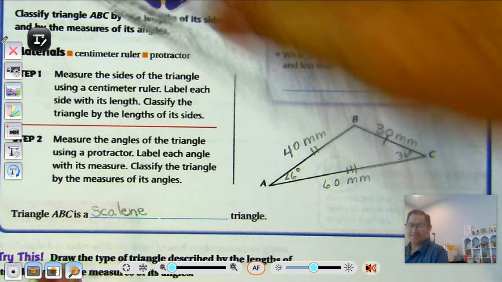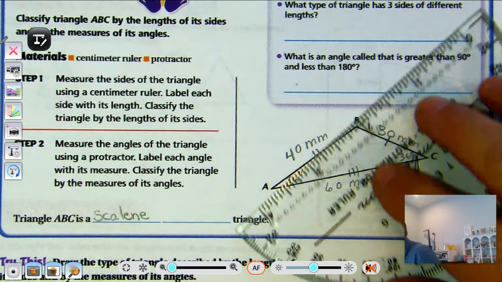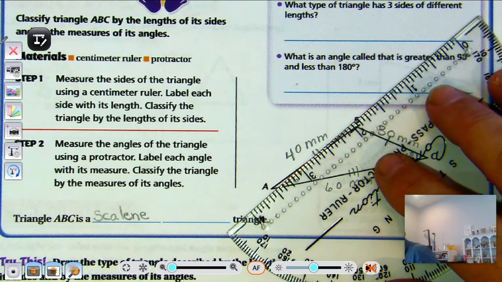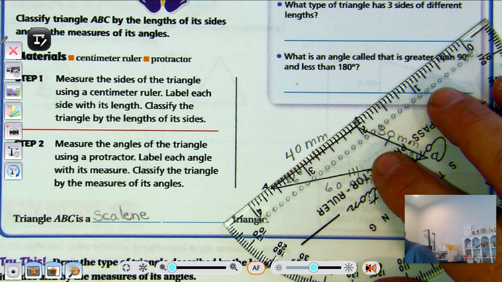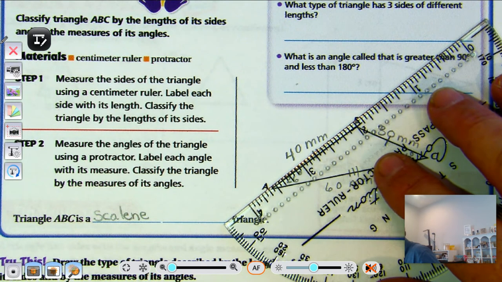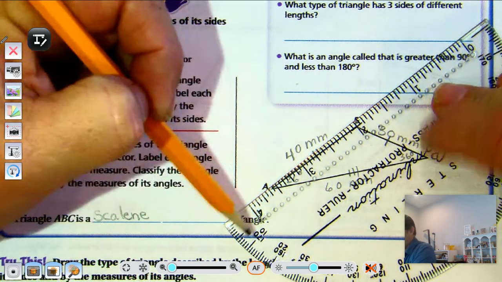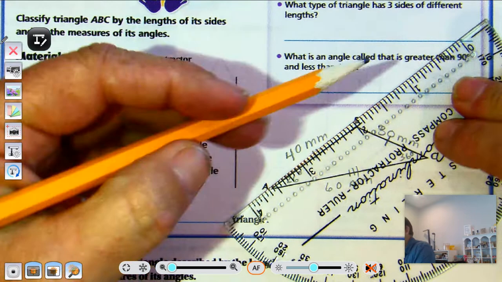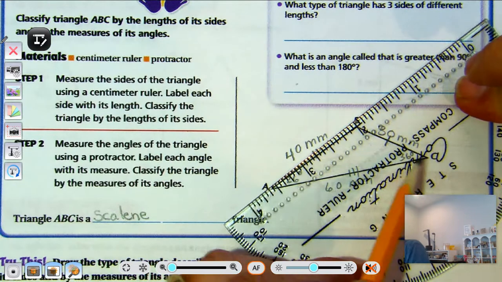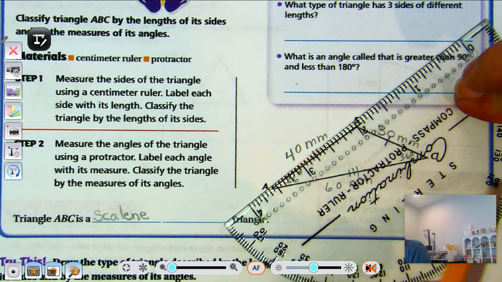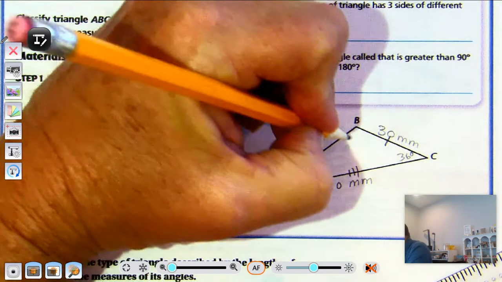And B looks like it's greater than a 90-degree angle, but let's confirm that. Okay, so this is going to be my 0 line, so I'm going to use the inside numbers, and it crosses at about 120.